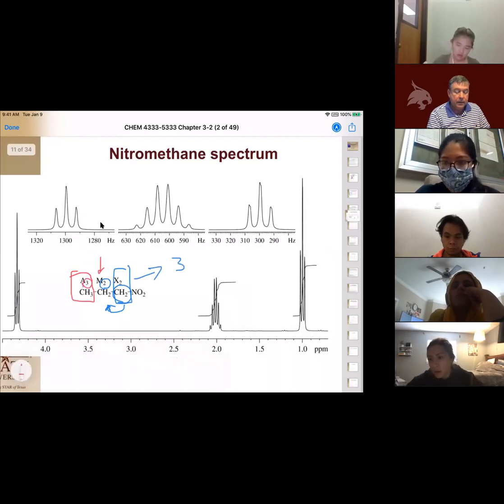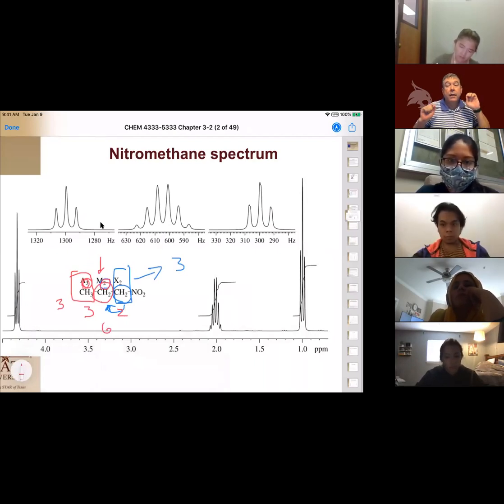This peak here is going to be affected by 2 protons to give us a total of 3, because these are equivalent protons. This right here is affected by 3 and by 2 for a total of 6 peaks. That's why you use the Pople notation, so you'll know exactly how many peaks you should see for each of the things.